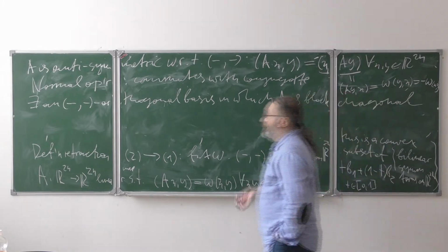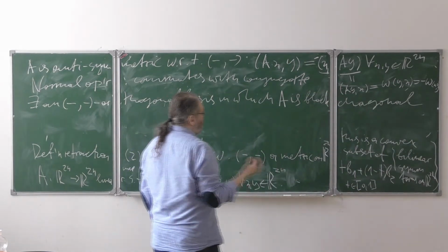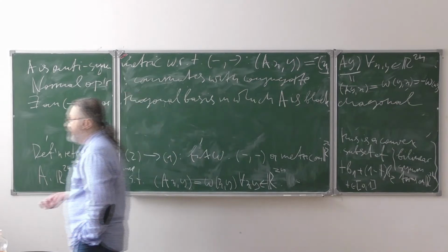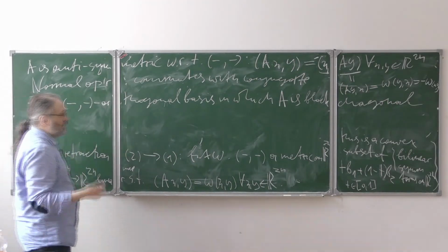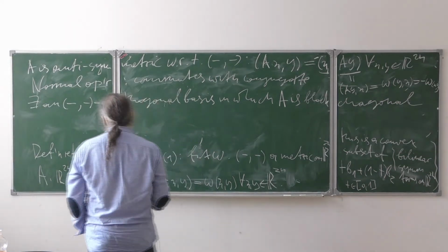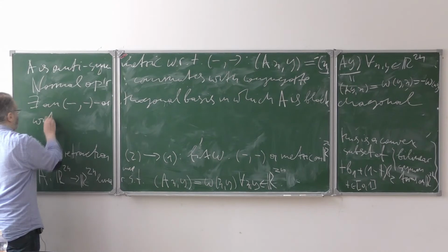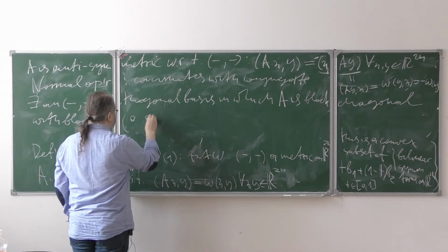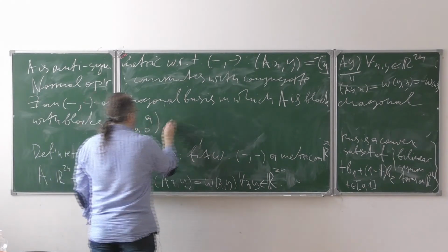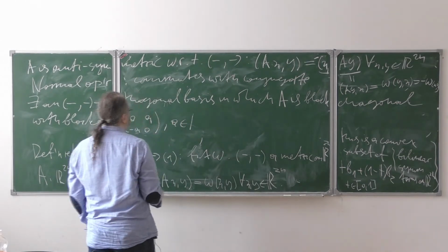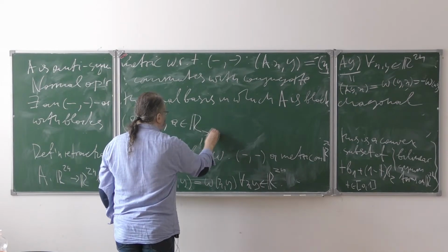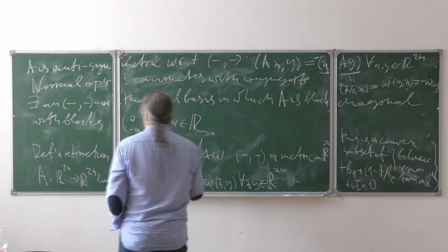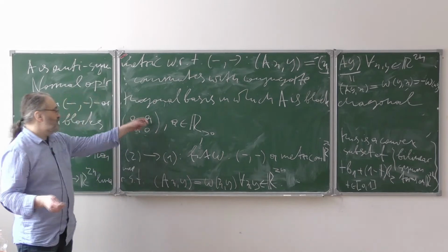In the anti-symmetric case, there exists a basis for every anti-symmetric operator in which this operator is block diagonal with blocks of the form 0, a, minus a, 0.